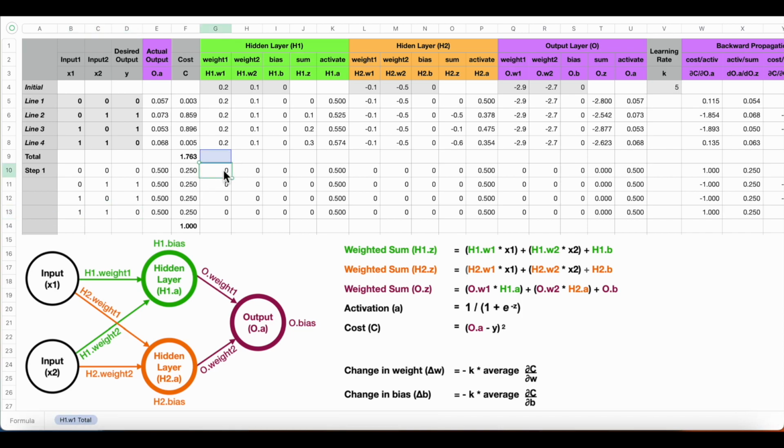And then we need to modify the weights and biases based upon this change in weight formula. So we want that to be the original h1 weight 1 minus, and in this case we want to always refer to k in the same row and column, so we're going to use the $ feature.